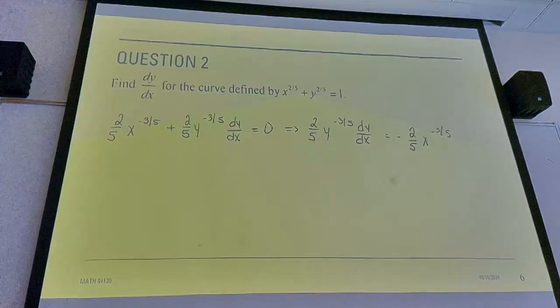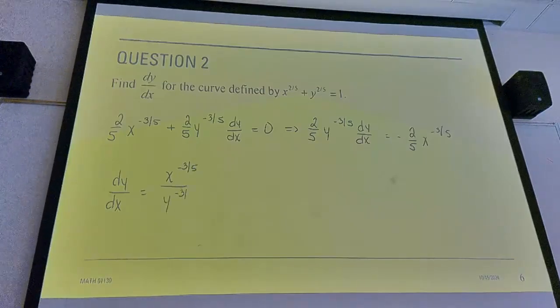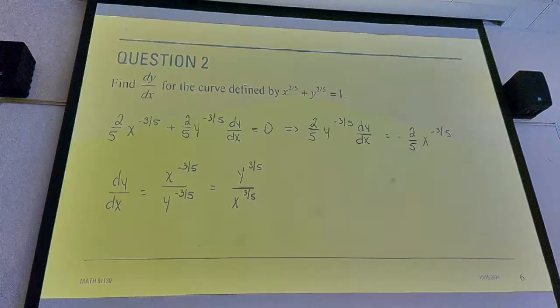Subtract 2/5 x to the negative 3/5. Divide by 2/5 y to the negative 3/5. Oh, I forgot the negative.